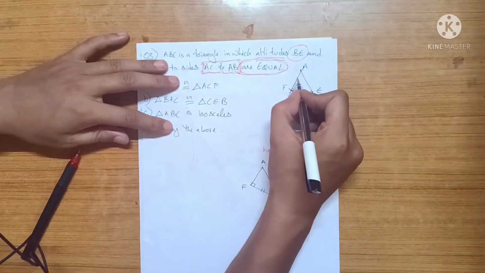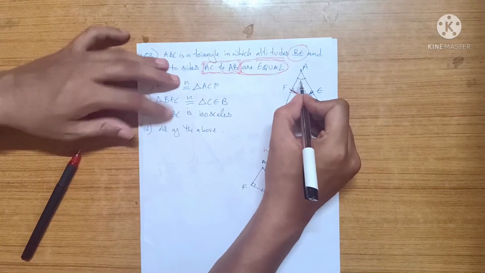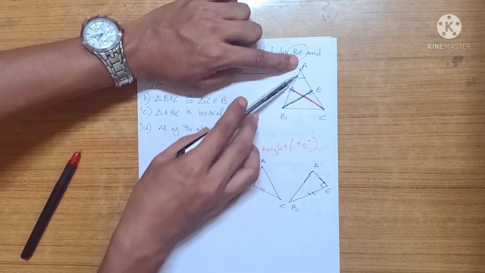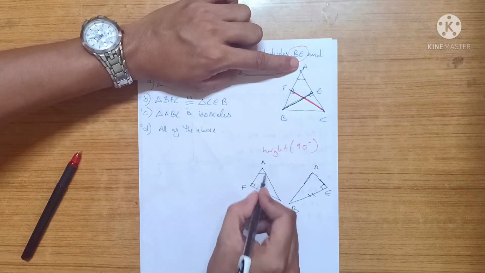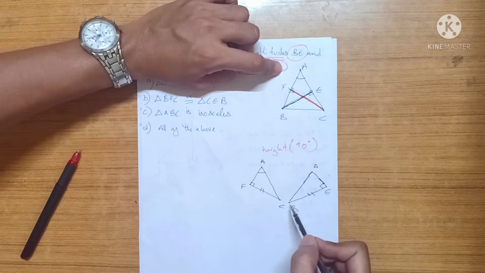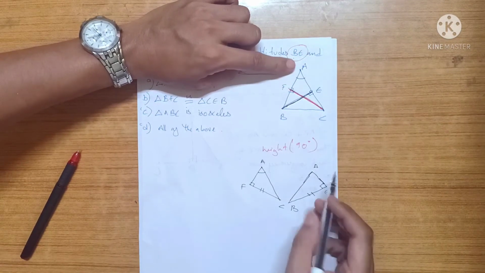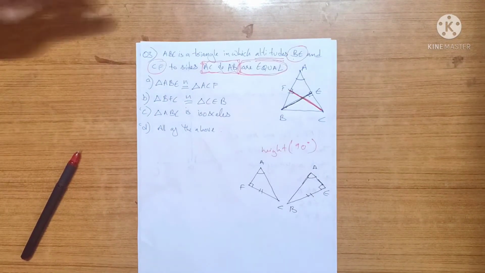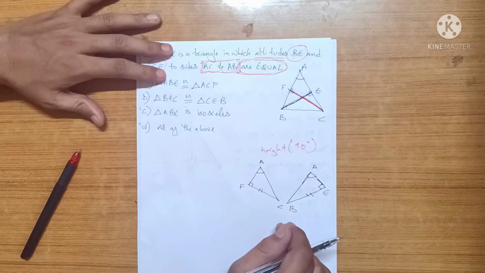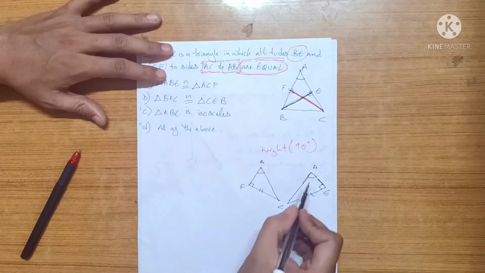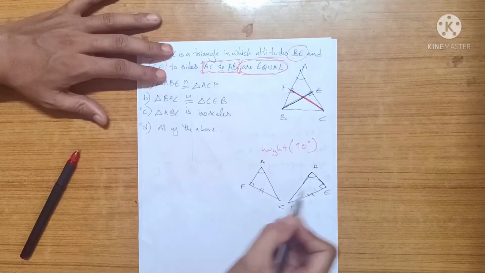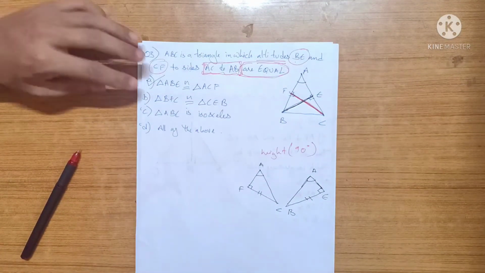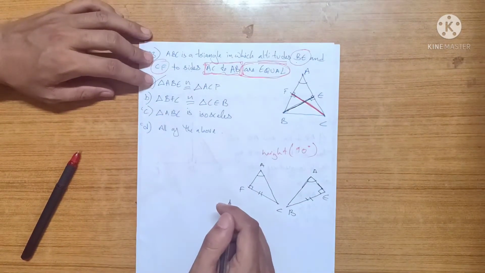It would be angle A. Because if suppose angle A is 30 degrees, when you're drawing the triangle AFC, you're taking the whole angle A, and when you're drawing the other triangle AEB, you're also taking the whole angle A. So if this is 30, this will also be 30. As I mentioned in the previous class, it doesn't have to be ASA, it can be AAS also. So this statement is correct.